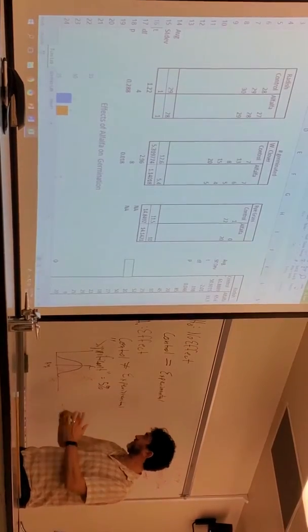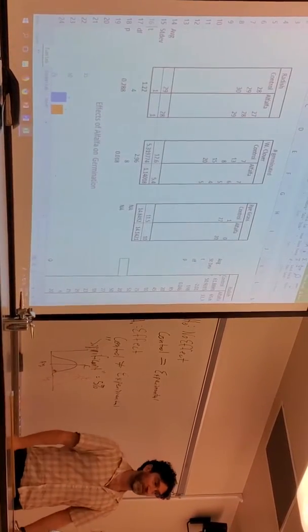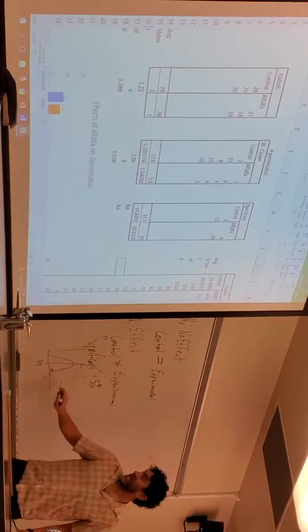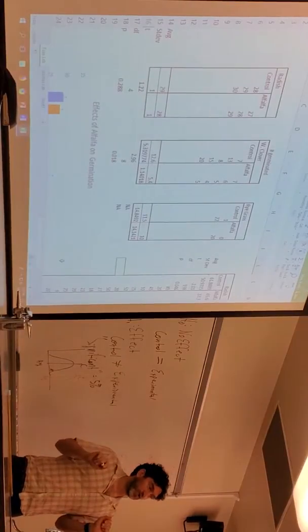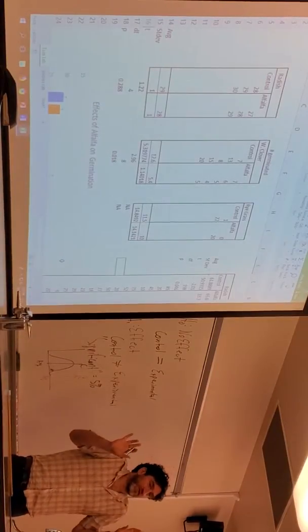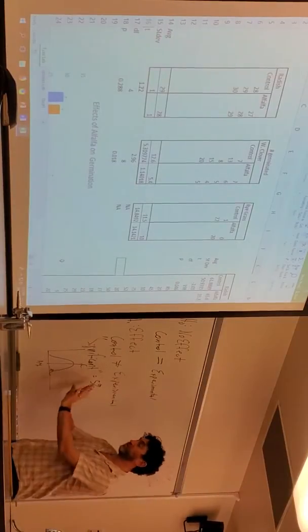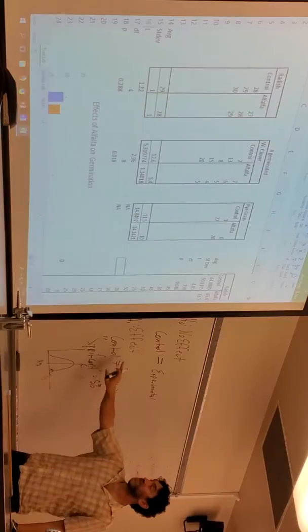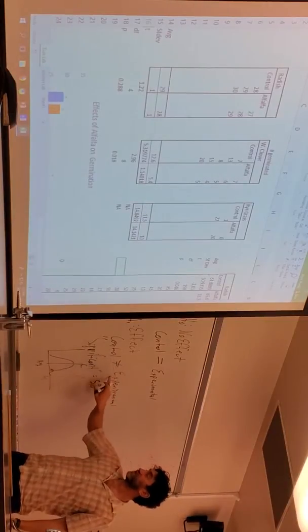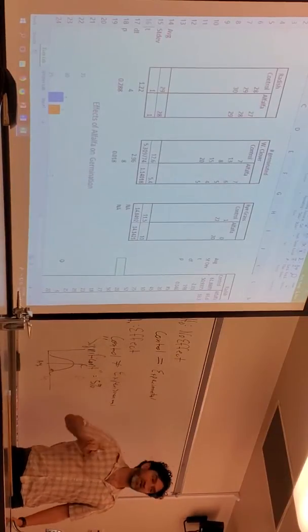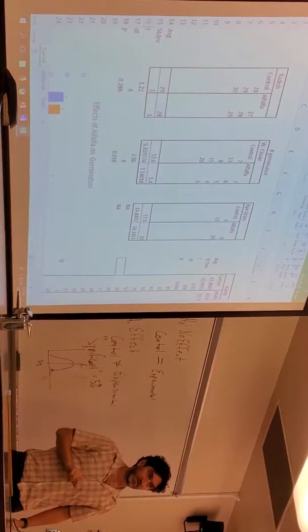We'll accept 5% overlap. If it's more than 5% overlap, these are the same. If there's less than 5% overlap, they're two different things. Therefore, the control does not equal the experimental, and we can reject our null hypothesis. Do you follow how the logic works on that?